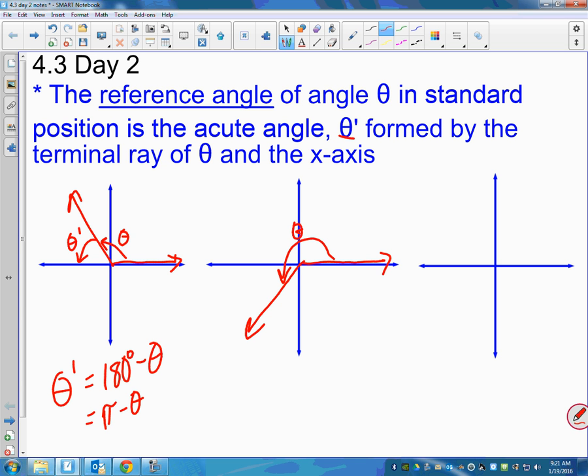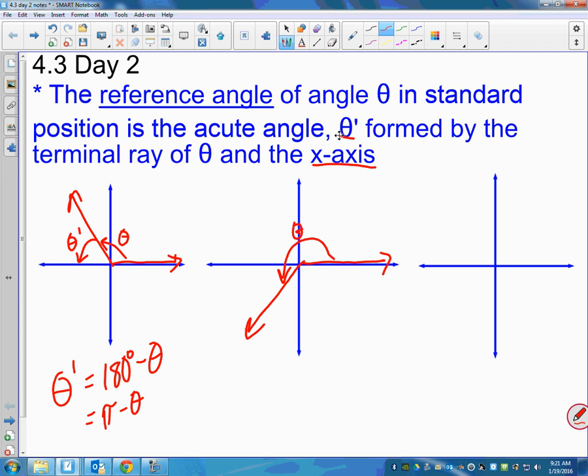So theta prime is formed from the terminal ray to the x-axis. In quadrant 3, what a lot of people want to do is, just like over here where we connected, they want to say theta prime is from here to the y-axis. That's not true. It always has to be formed with the x-axis.